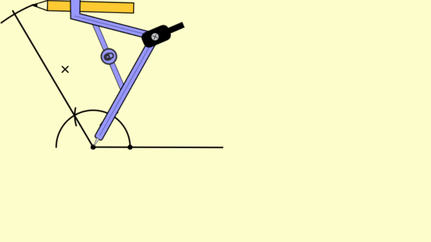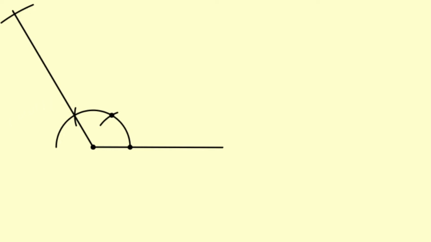So this arc is at a distance of 6 centimeter. Now from the point where line and arc are intersecting, I can draw one line till point C. So our triangle construction is completed. Triangle ABC is done.